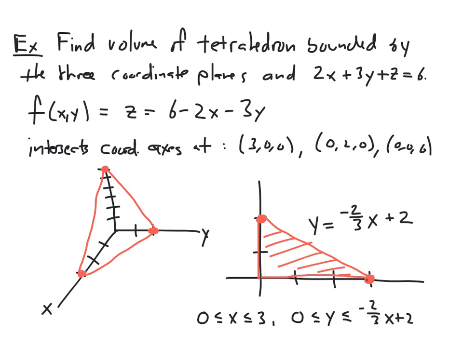And so we have our function f of x, y that we're going to integrate, and we have our limits of integration from our region in the plane. Now all we need to do is compute the iterated integral.